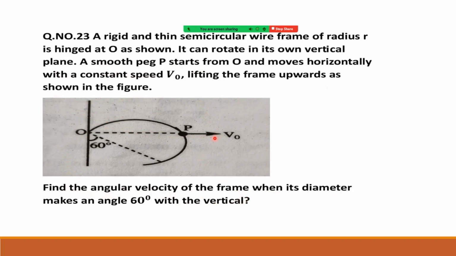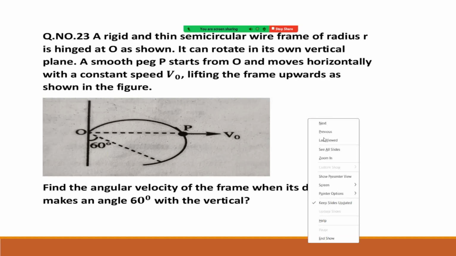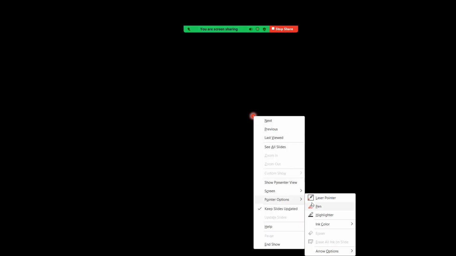Let us make a diagram first. Given it makes an angle 60 with the vertical. And what we have to find? We have to find the omega value. So with vertical, let us take it is moving horizontally. We take a semicircular wire.